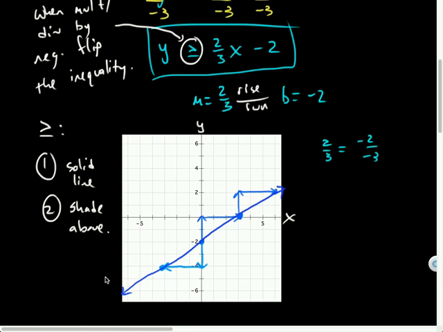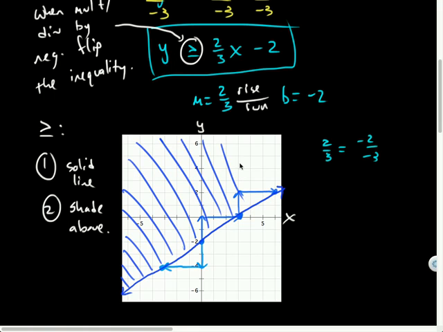So it turns out for this, every point above this line is a solution to this system. Well, actually this isn't even a system yet, this is just a single inequality. I could even do a check, and usually the best point to pick is the origin, 0, 0.